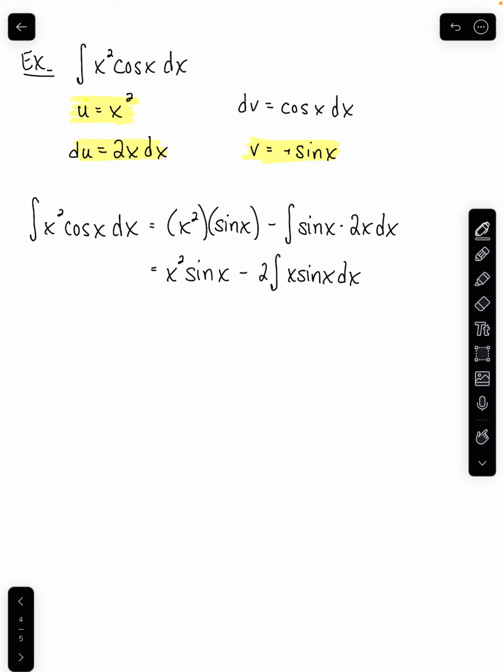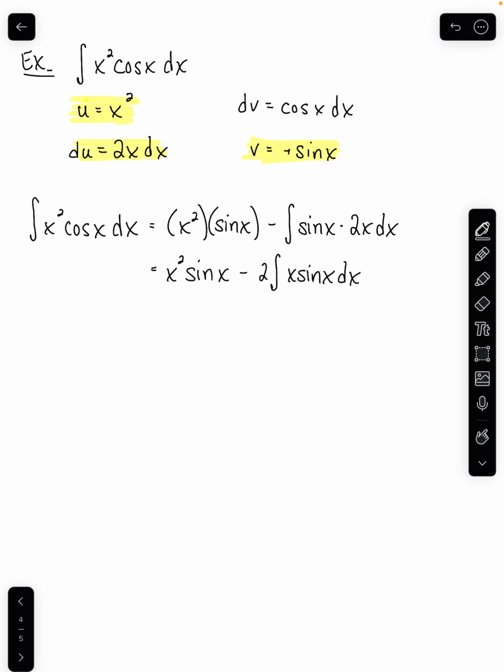In fact, this new integral, x times sine of x, is actually still a product. Now, admittedly, it is slightly better than what we started with. We started with x squared times a trig function. Now we're down to just x times a trig function. So we have improved it, but unfortunately we didn't improve it quite all the way there.